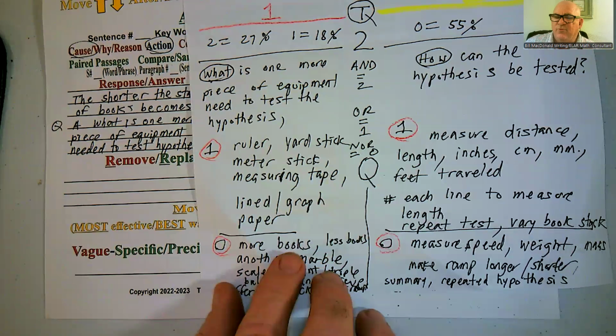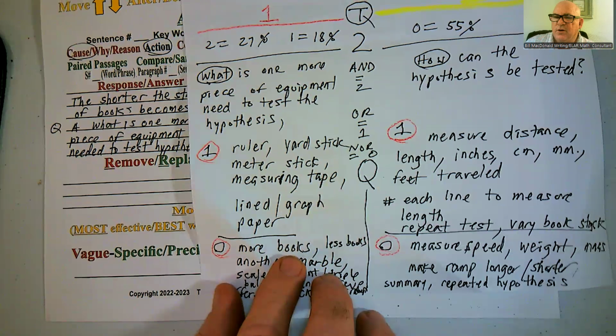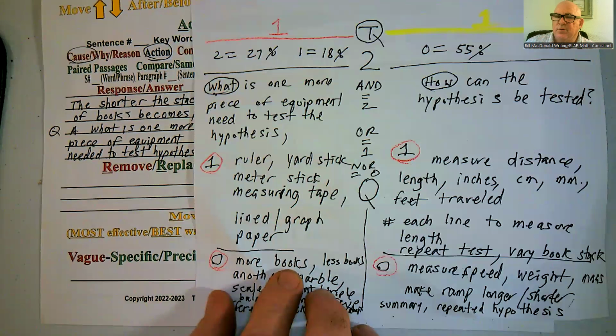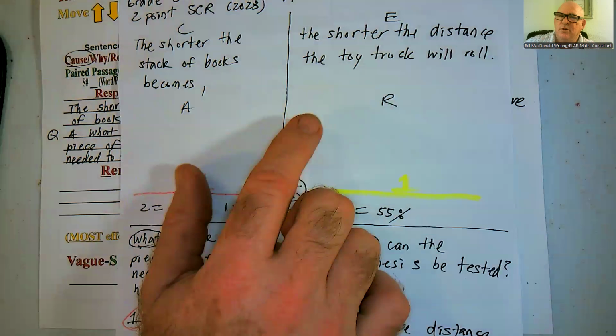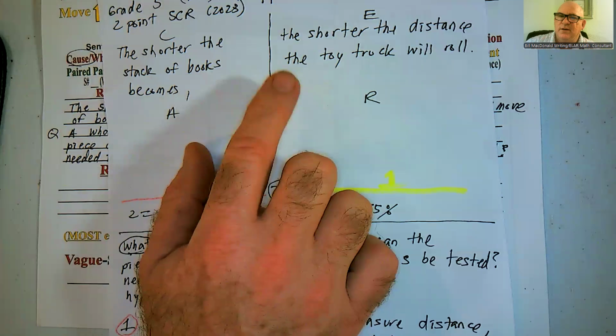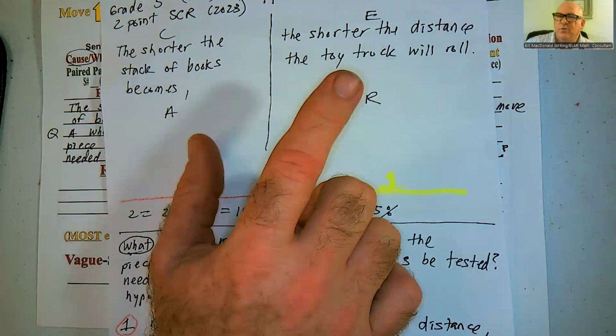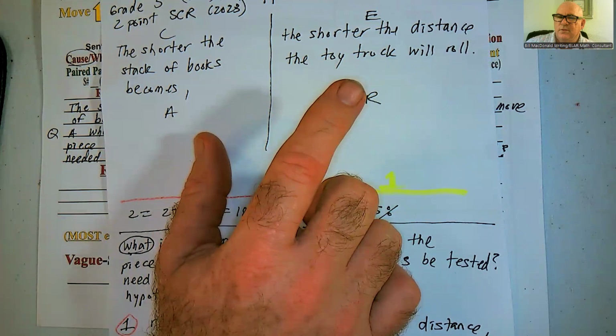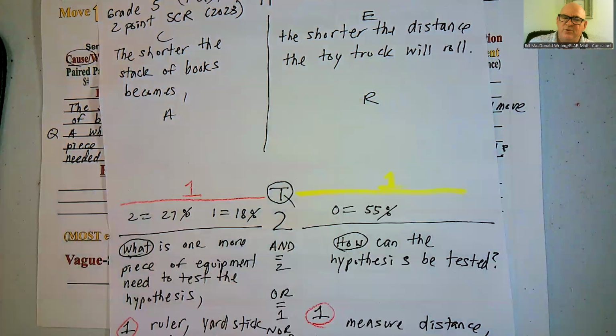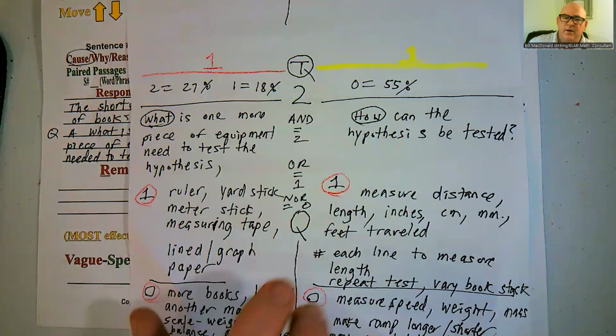Needing more books or fewer books is not going to help you. If that's the equipment that you need, that's not going to help you with distance in terms of how far the truck's going to roll.